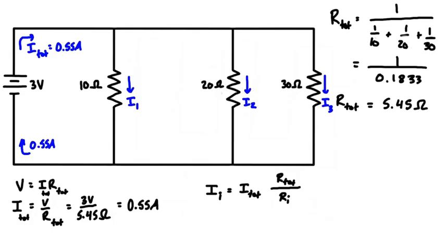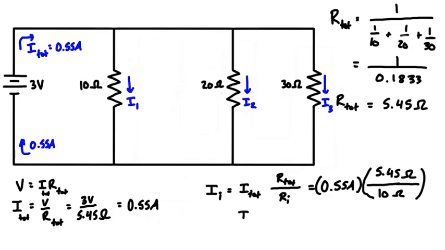And then we can plug in the values that we have. So I tot is equal to 0.55 amps. Let's put this all in brackets and multiply it by this ratio where we have our total on the top, so that's 5.45 ohms. And let's plug in resistor 1 here, so that is the 10 ohm resistor.